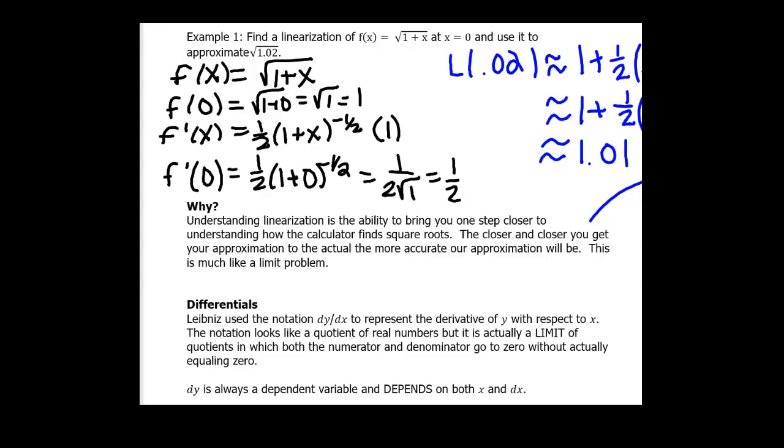So now if you found a tangent line to that concave down function, is my tangent line going to be above that or below that? And that's how you determine if it's an over or an underestimate. Since my tangent line is always going to be above it, all of my predictions or linearizations are going to be overestimates. So if you actually look at the square root of 1.02, it's going to be slightly smaller than 1.01.